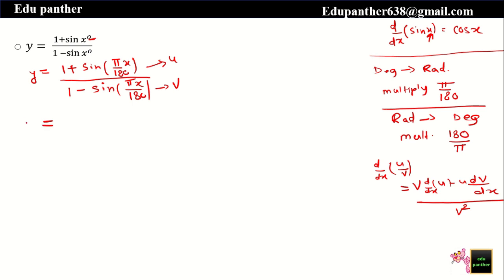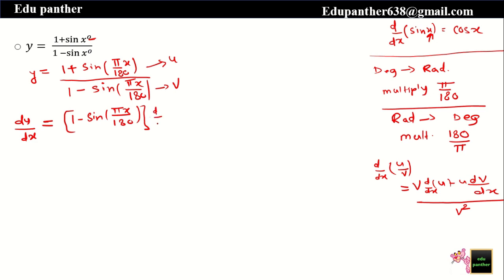Apply this formula here. So it's derivative dy by dx. So v means this 1 minus sine pi x upon 180. This v, write this in a bracket, then multiplied with derivative of u.